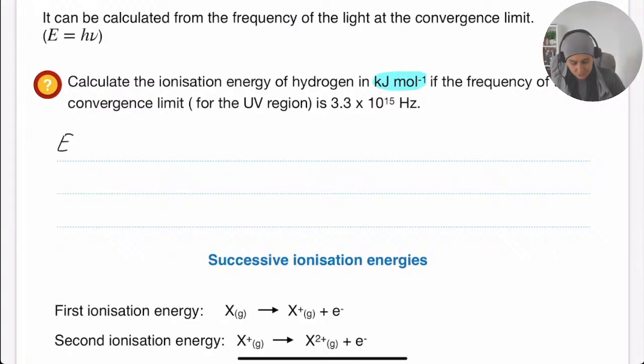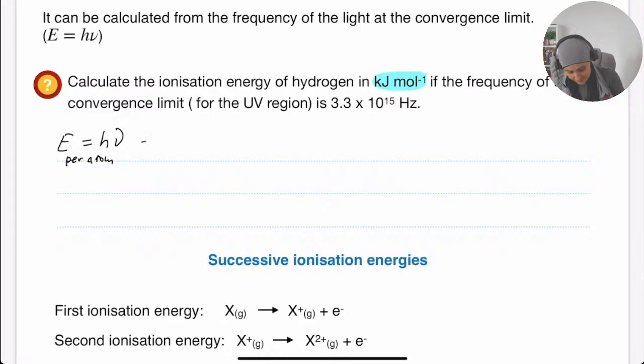But what energy would it be? This would be the energy needed to remove one electron from one atom, so this energy is per atom. We need it in kilojoules per mole. So essentially they ask how many kilojoules you would need to remove an electron from 1 mole of atoms.